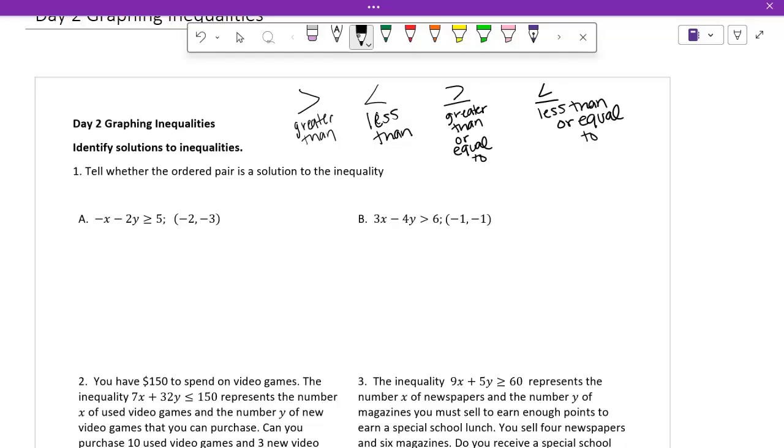And just a reminder, these ones were open circles, and these ones were closed circles. We'll talk about that here in a little bit.